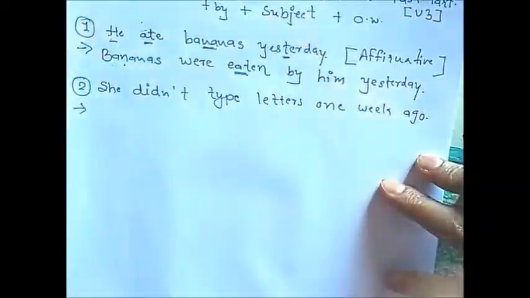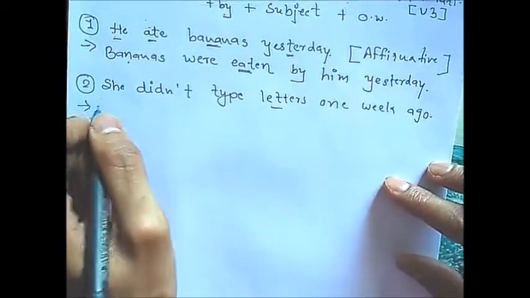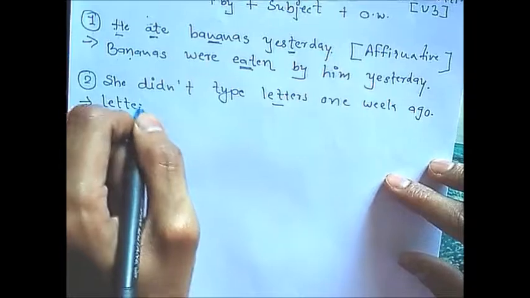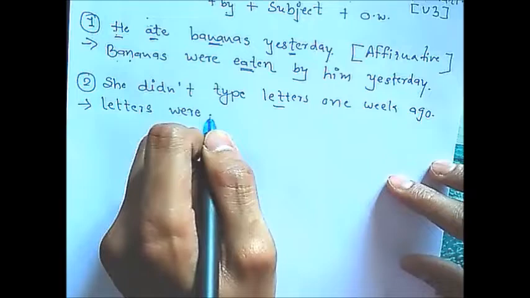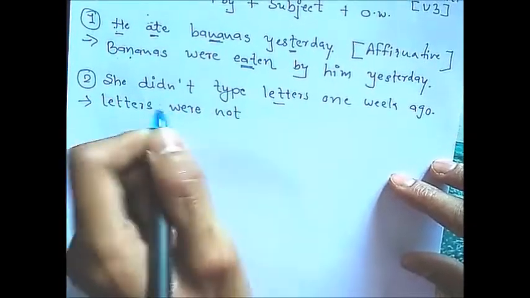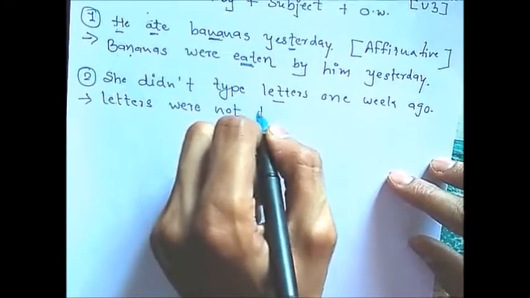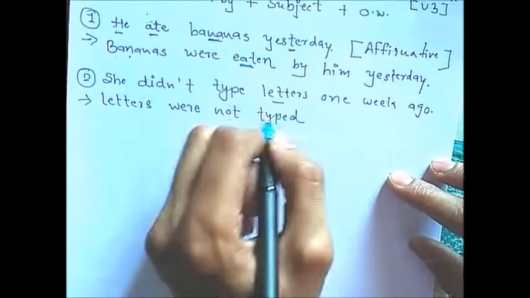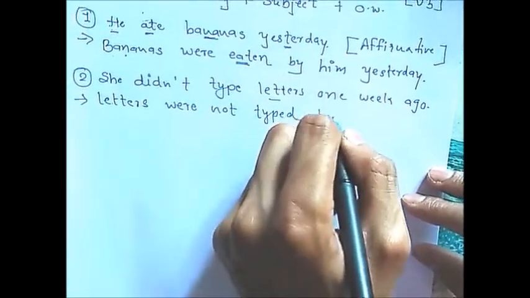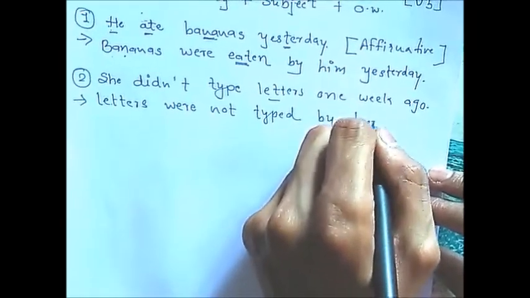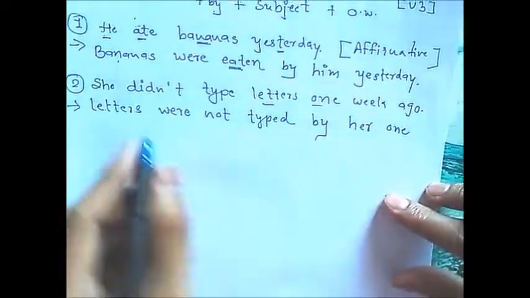Let us do that. Object is letters, so letters, then after was or were, here you have to add not. Okay, letters were not, then after the past participle of type, that is typed: letters were not typed by her, and at last these other words, one week ago.